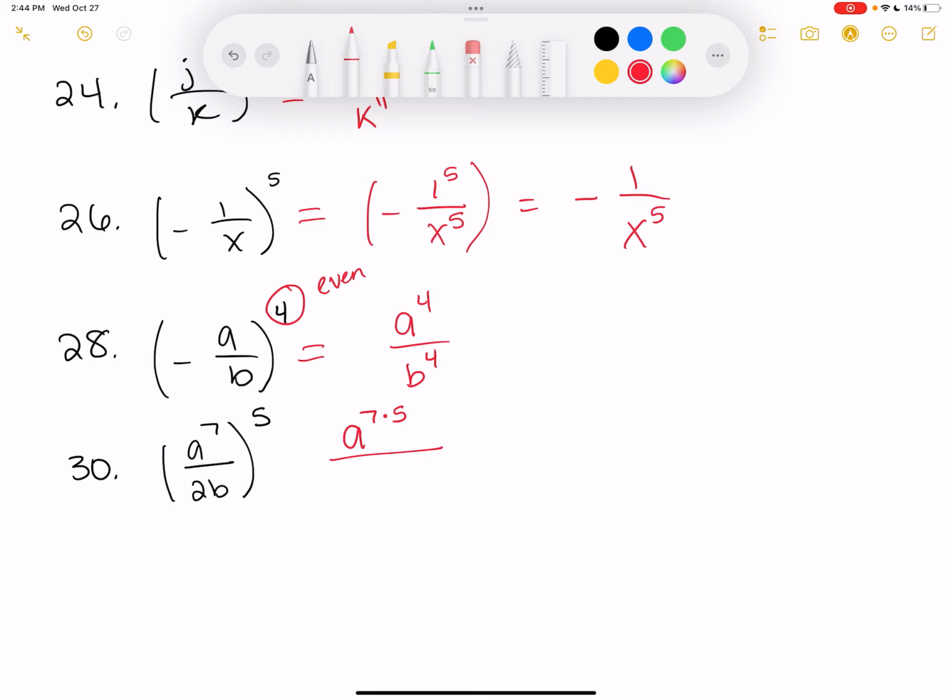There are just 2 things on the bottom, so you put the 5 on the 2 and the b. So 2 to the 5th and b to the 5th. To clean this up, I've got a to the 35th over 2 to the 5th and then b to the 5th. If you wanted to multiply out 2 to the 5th, that's not super hard, so you could either leave it there or write a to the 35th over 32b to the 5th.